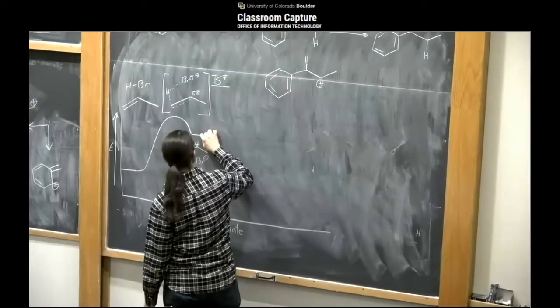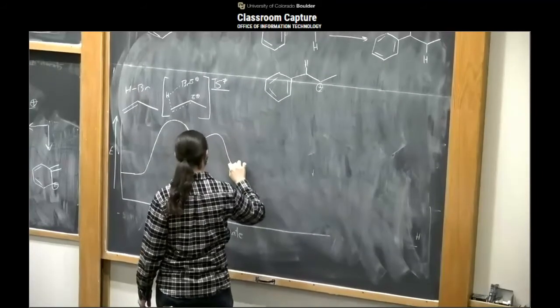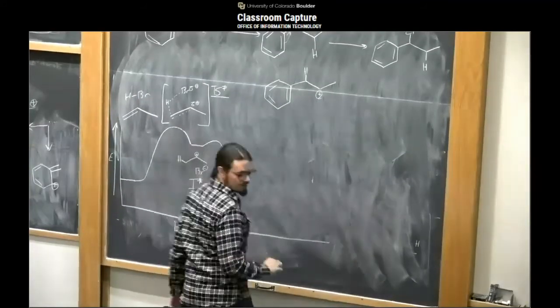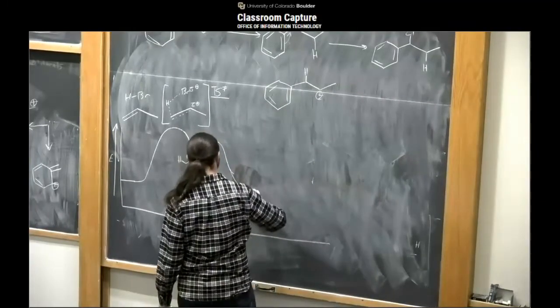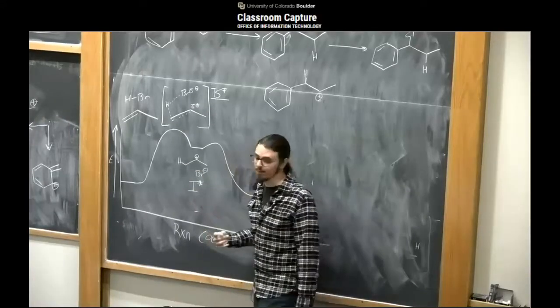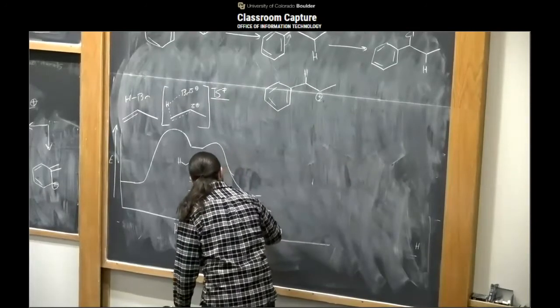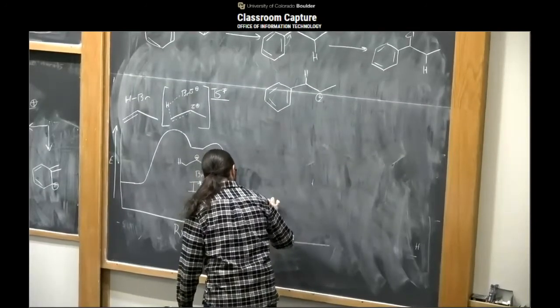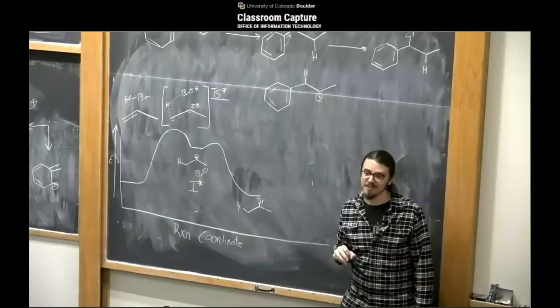So as we proceed through the reaction, we go from the intermediate species to our final product, which is going to be this alkyl halide species.